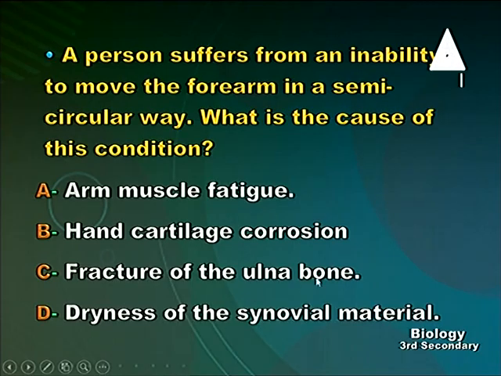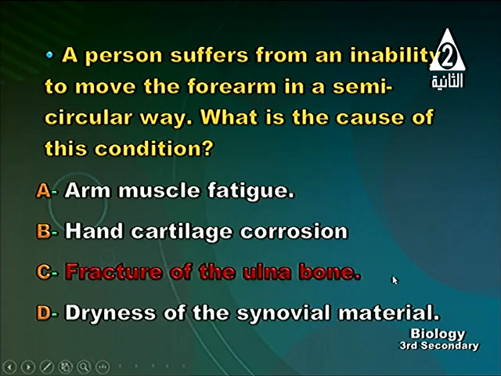There are two bones, which are radius and ulna. Radius rotates in a semicircular way around the fixed ulna. So if we want to move the arm in a circular way, we have to use both bones, radius and ulna. If one of them gets broken, we can't move our arm in a semicircular movement. So here the answer will be fracture of the ulna bone.